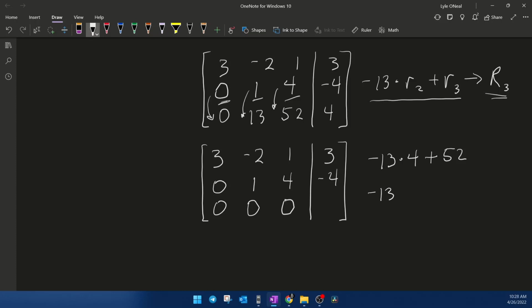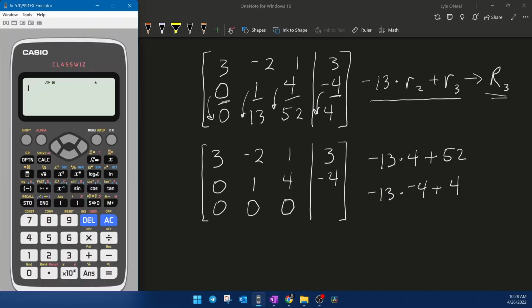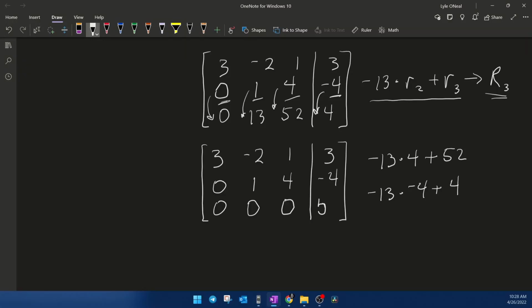Next, we're going to have -13 times -4 added to 4. And again, bringing up our class whiz, -13 times -4 plus 4. That's going to give us 56. So writing that down in our matrix, 56.